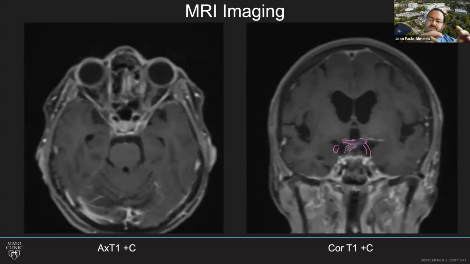So when a tumor arises primarily from the tuberculum, often this mass will displace the optic nerves in a superior and lateral fashion, kind of like opening the arms, but from down up. In this case, you see a mass that is located in front, mostly in the region of the planum, and it's pushing the nerves, once again opening the arms in a direction from front to back, which is the differentiation hallmark of planum and tuberculum meningiomas.